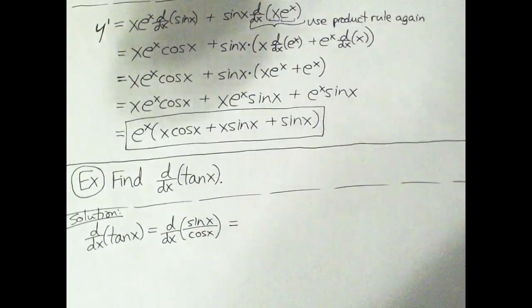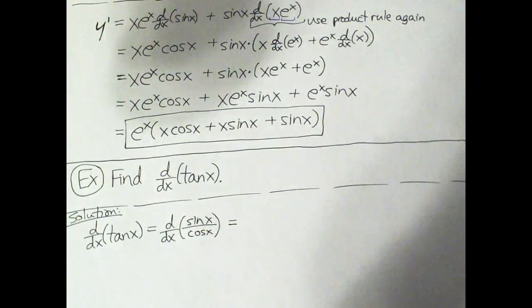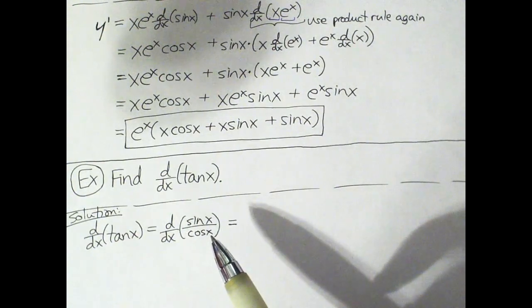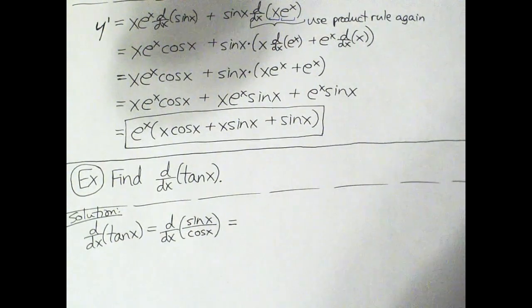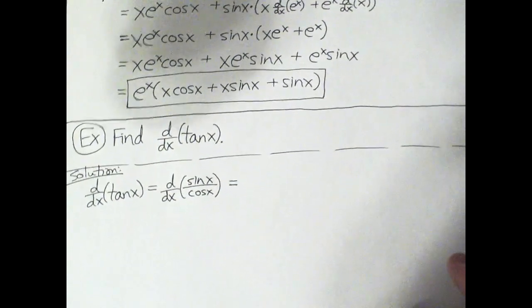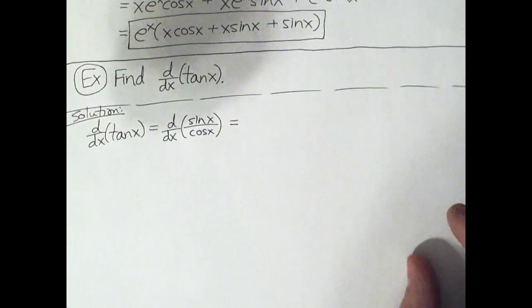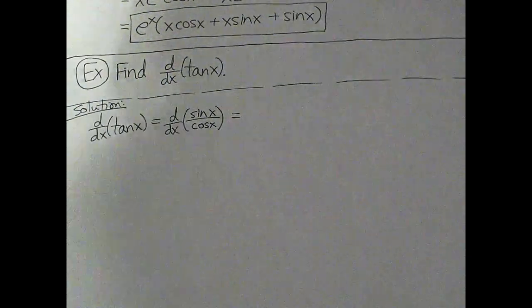Now, think about the rules that we know for derivatives. And I'd like you to see if you can finish it from here and simplify your answer. And then you could pause the video and try this.